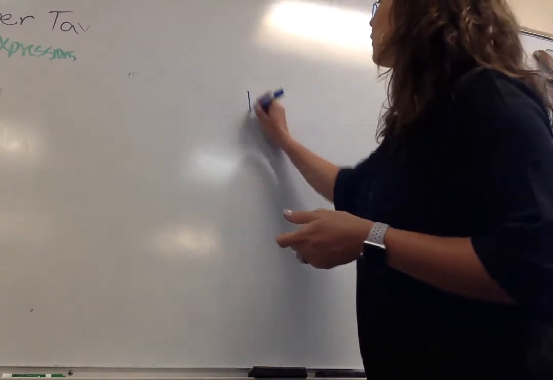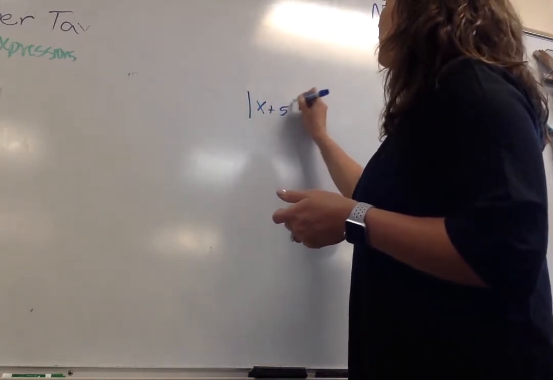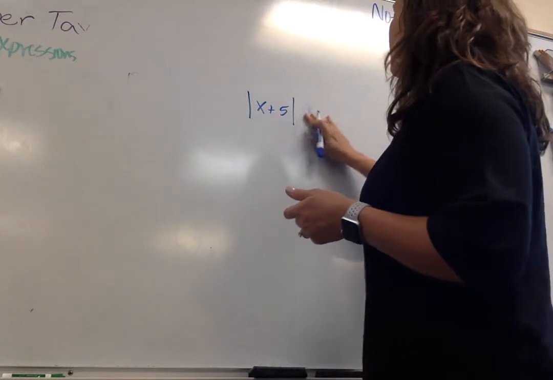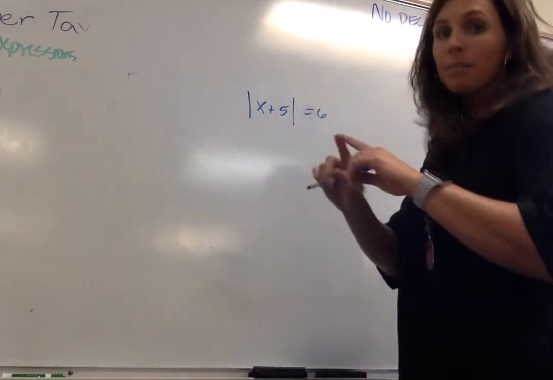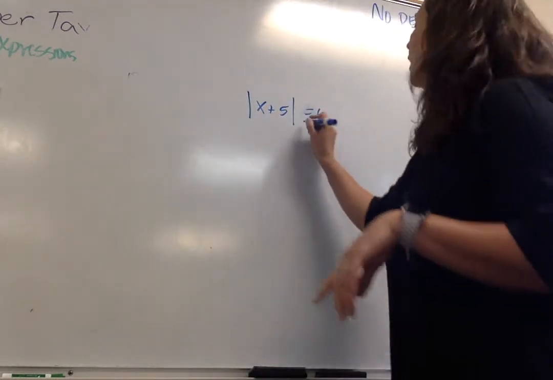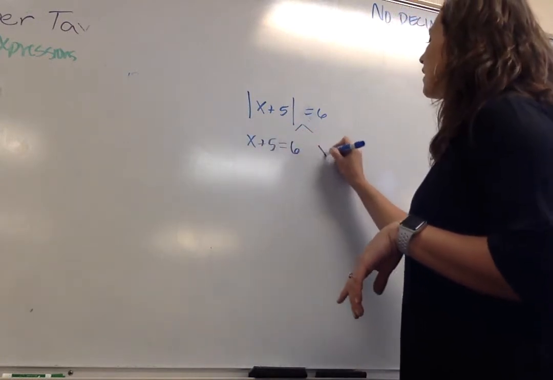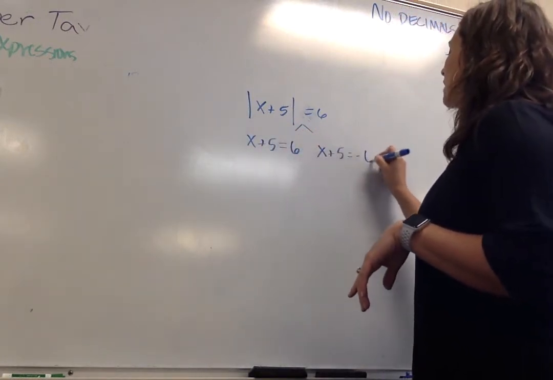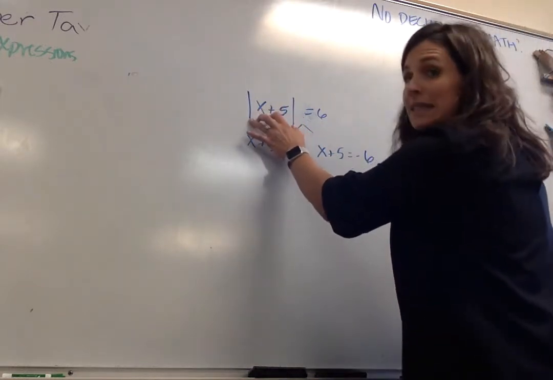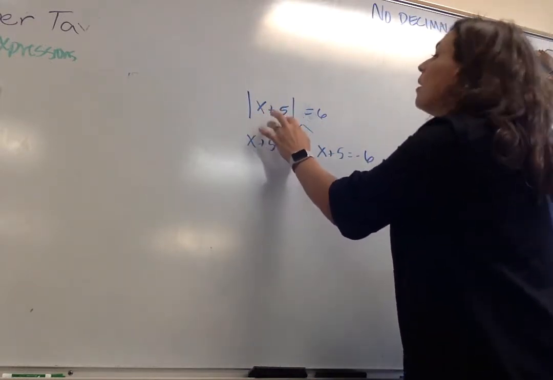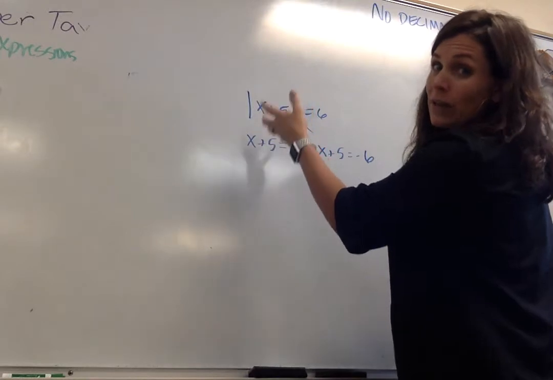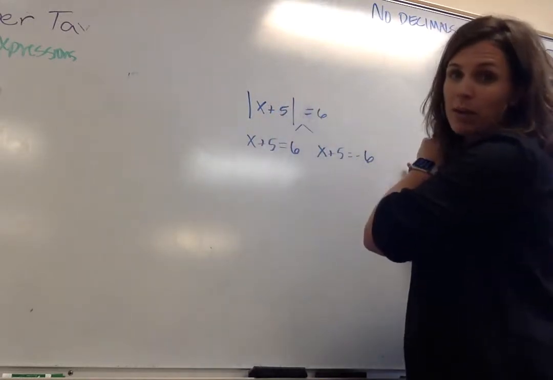So when it was an absolute value equation, if I had |x + 5| = 6, I had to make my two equations, right? I said that x + 5 is equal to 6, and then I said x + 5 is equal to negative 6, because the inside of this can be negative, but we know absolute value can never be negative, so that's why it became positive.